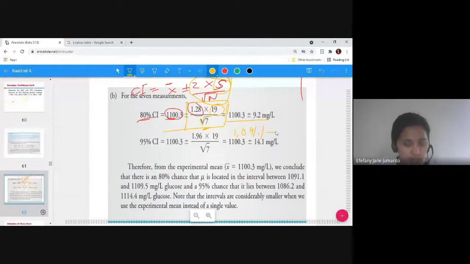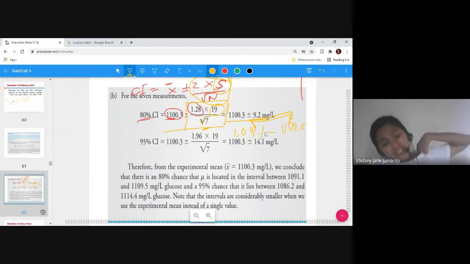So good dira, class, taman sa 1100.3 plus 9.2, 1109.5. So within this range, if you get your sample, if your result is within this range, then that is 80% confident.